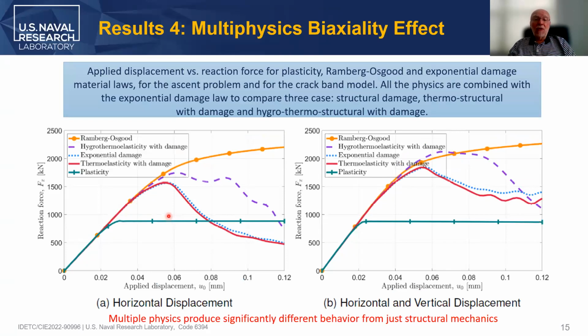So now we wanted to start looking at the biaxiality effect in terms of the additional physics. The purple line shows hygrothermal elasticity with damage. The blue dotted line shows exponential damage mechanical, and the red line shows thermoelasticity with damage, in addition to the two plasticities, Ramberg-Osgood and regular multilinear plasticity.